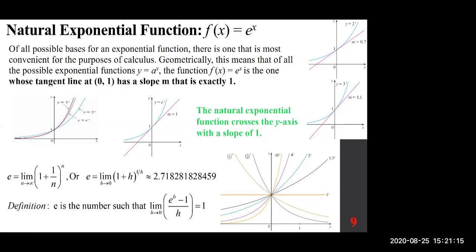E is equal to the limit of (1 plus 1 over n) to the power of n as n approaches infinity, or e is the limit of (1 plus h) to the power of 1 over h as h approaches 0, or the limit of (e to the power of h minus 1) over h as h approaches 0 equals 1. This part was seen in algebra, and this is in calculus.